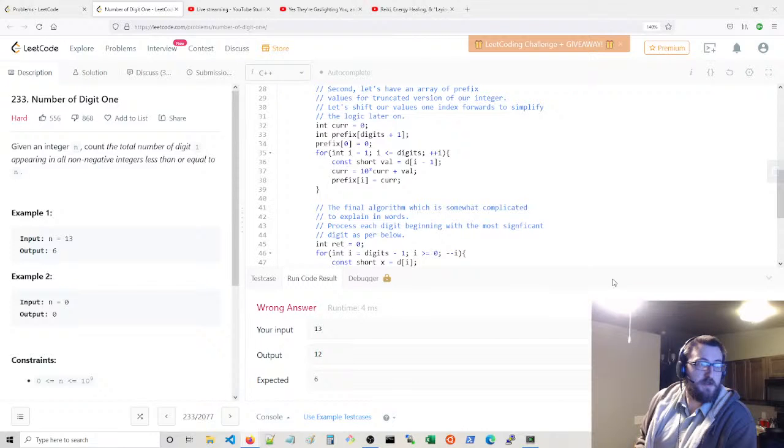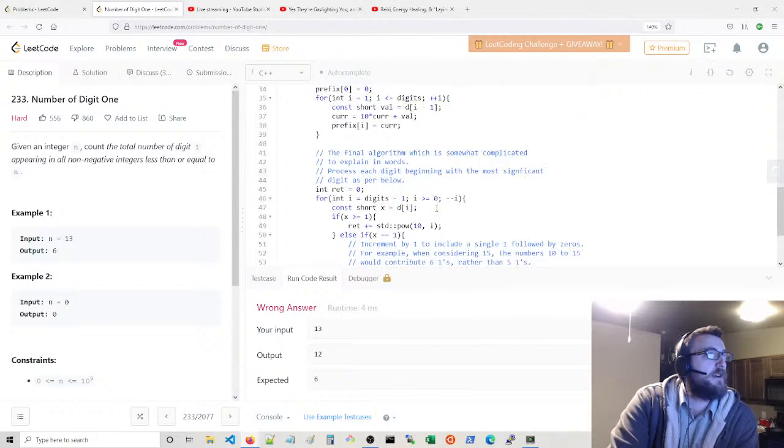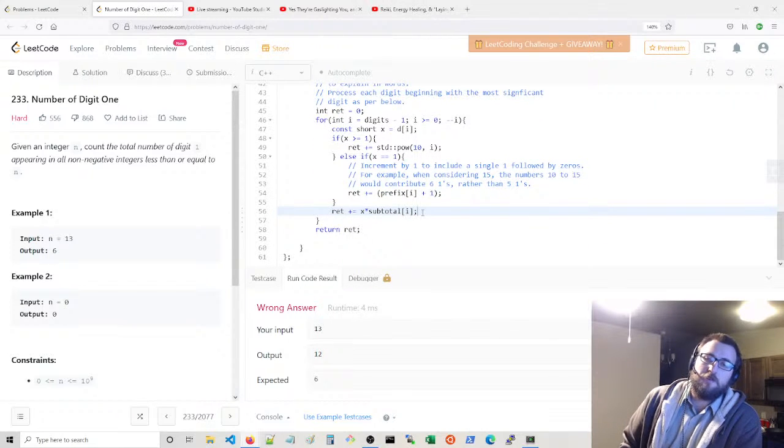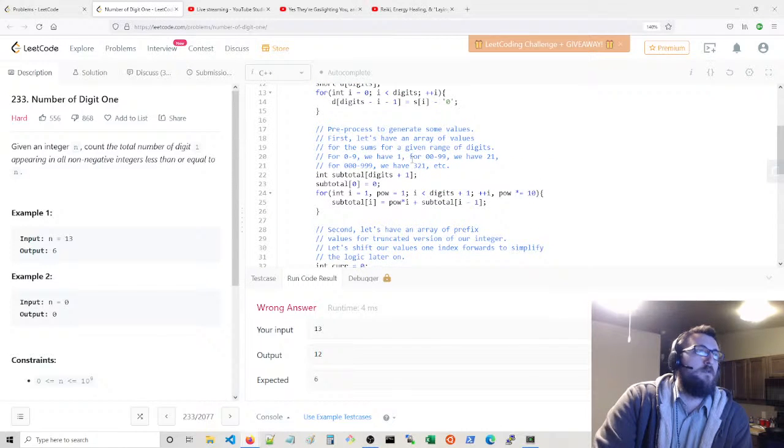So the subtotal would be, let me think here. It's the number of digits times whatever that value is. Subtotal of 0. So if we're at index 0, right? Subtotal of 0 should be 0, right? Yeah. If we're at index 1, subtotal should be 1.